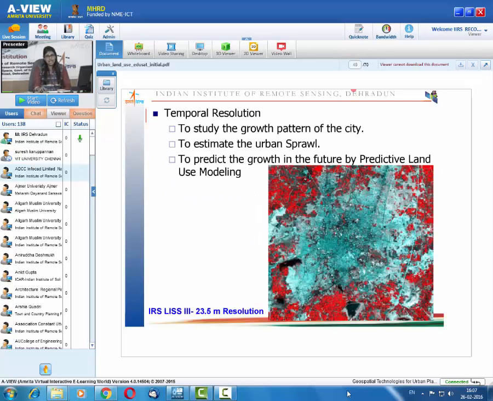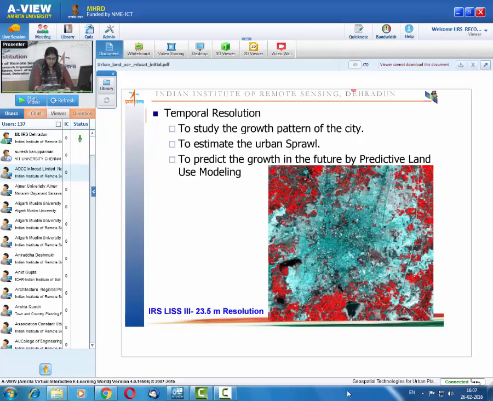Temporal resolution, as I have already explained, a decadal difference will also give you the results. Depending upon your requirement, you can choose the data. For example, if urban sprawl is your focus, sprawl does not change in 1 year.